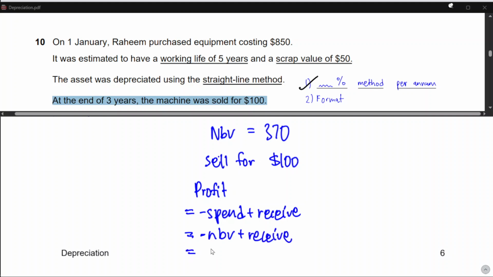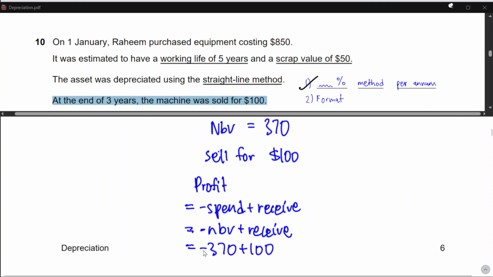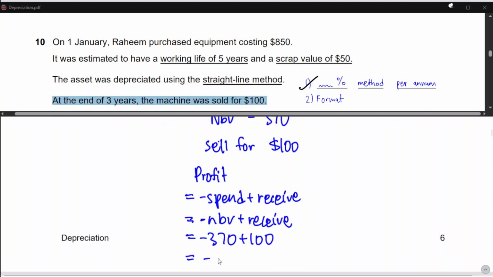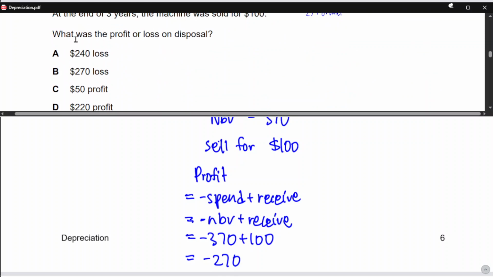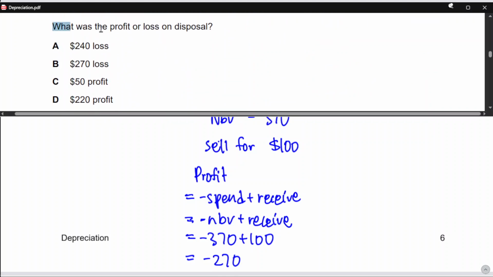So it's 100 minus 370, you get minus 270. What was the profit? It's minus 270, so it's B.